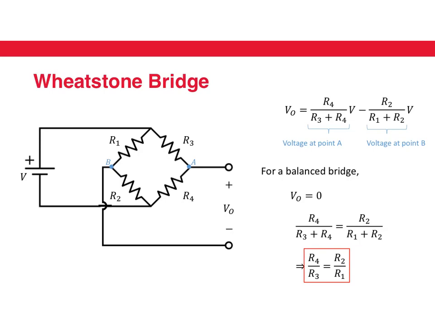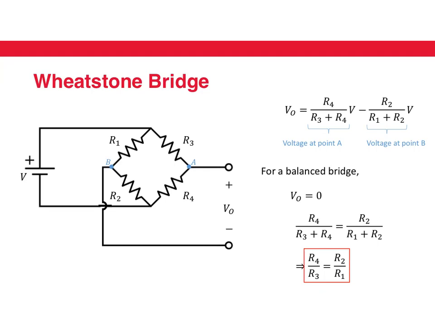As the output of the Wheatstone bridge, we take the difference of the voltages of these two voltage dividers. The voltage at point A is given by R4 over R3 plus R4 times V, and the voltage at point B is given by R2 over R1 plus R2 times V, and you take the difference between the two and you have the output of the bridge.